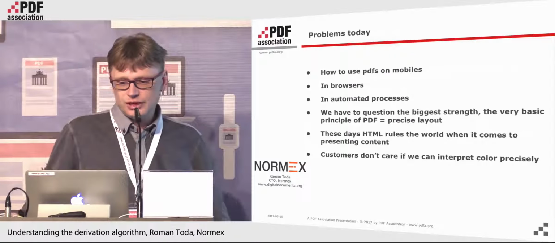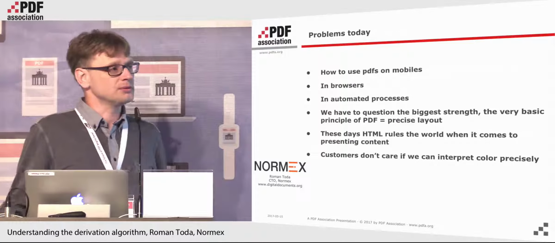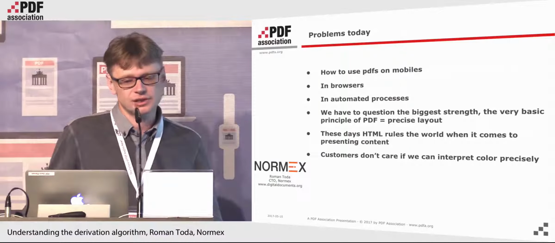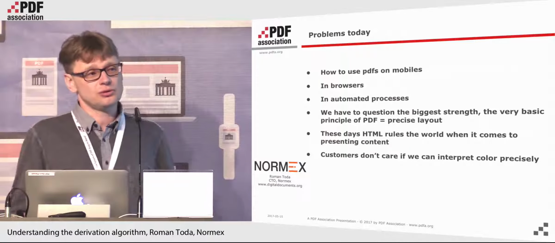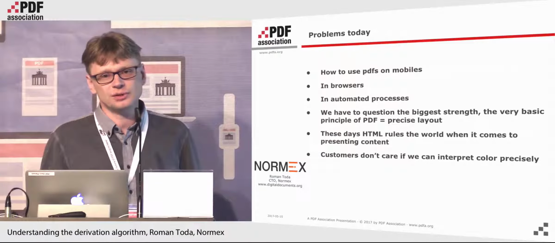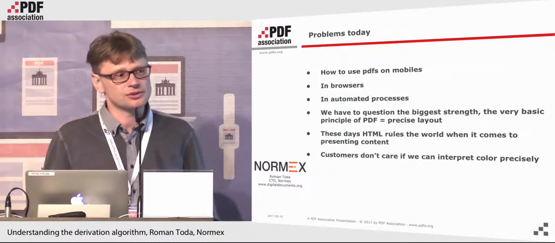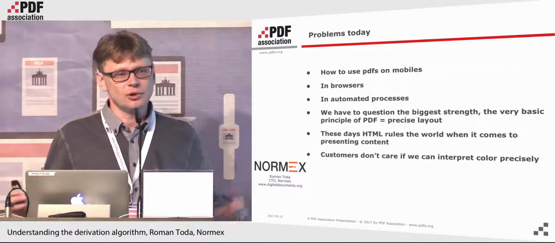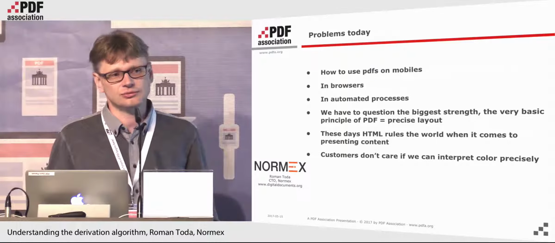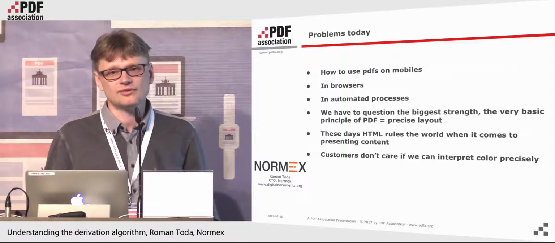So today we are facing some problems, as Duff mentioned earlier in the presentation. We don't know how to efficiently use PDFs on mobile and in browsers. That page model we developed 25 years ago isn't enough.